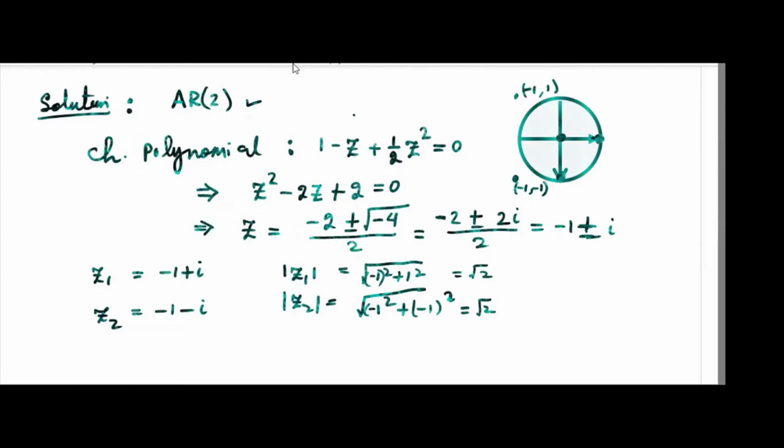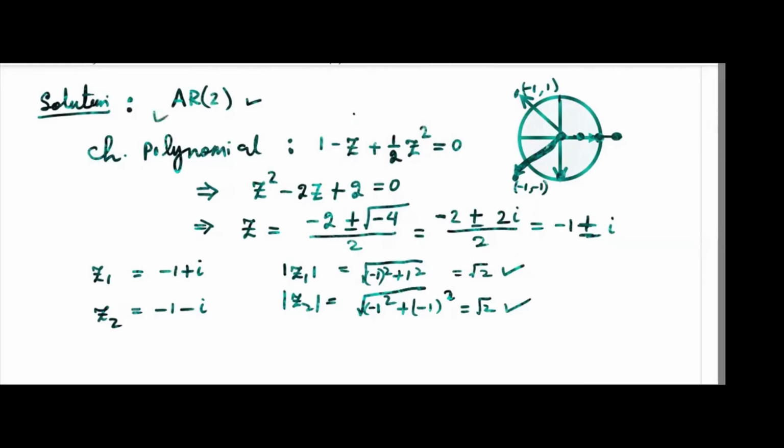If you join, this is greater than 1. This is greater than 1 in magnitude. Okay. Modulus means what? The distance from the origin in complex numbers. The real numbers are here on the x-axis. You can write 1, 2, 3, and imaginary numbers here. Okay. So this way you get a stationary time series AR(2) here.